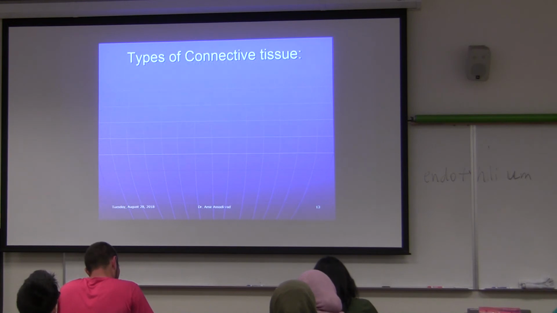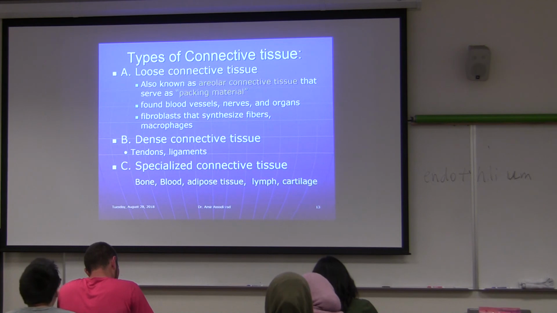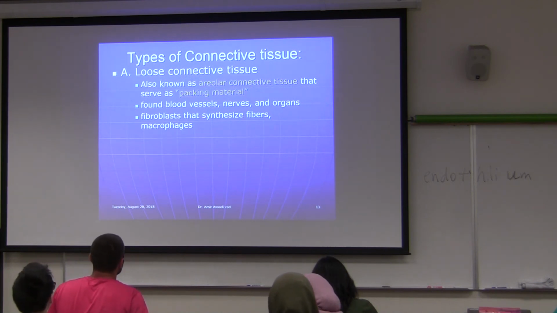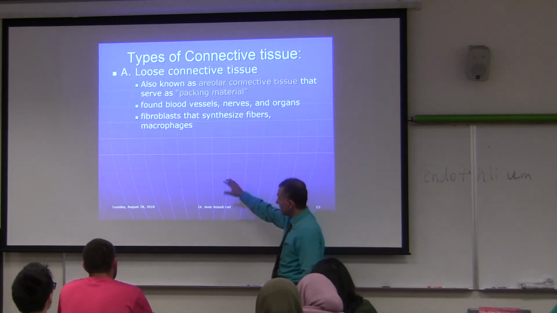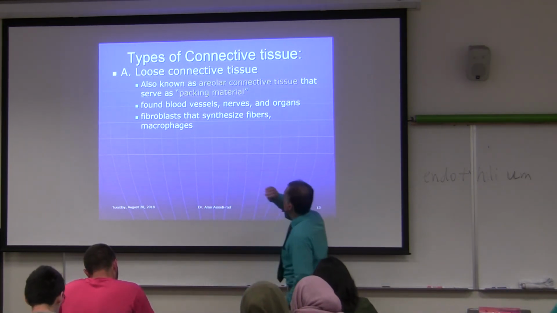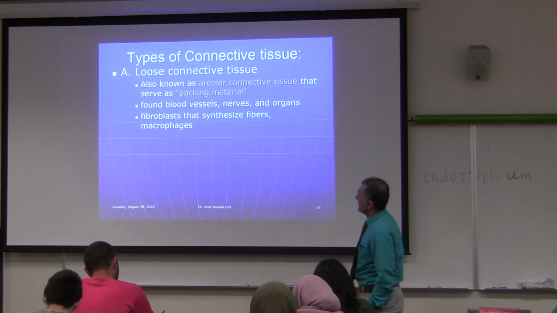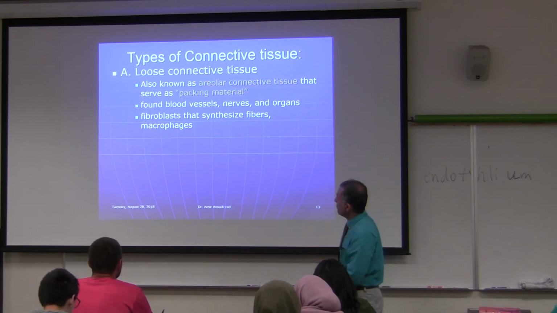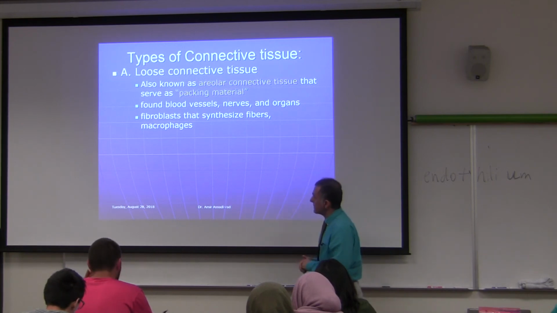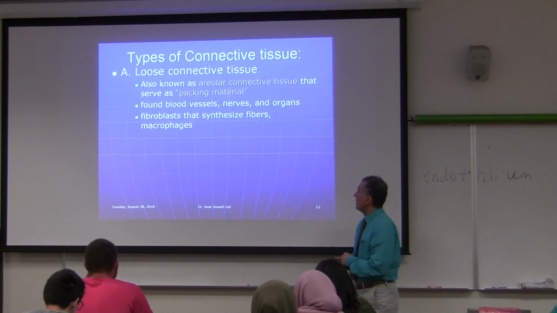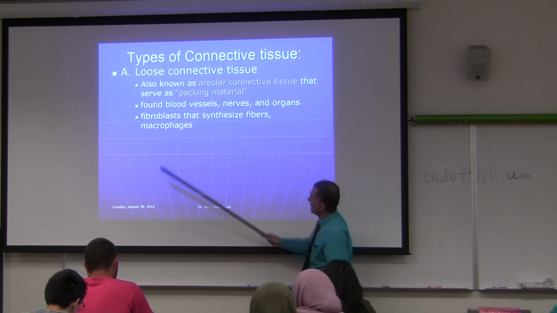Let's go. Okay, types of connective tissue. There are pretty much two different types: loose connective tissue, and then you have dense. Loose connective tissue is also known as areolar connective tissue, which serves as packing material found around blood vessels, nerves, and organs, and contains cells that synthesize fibers, like macrophages or fibroblasts.